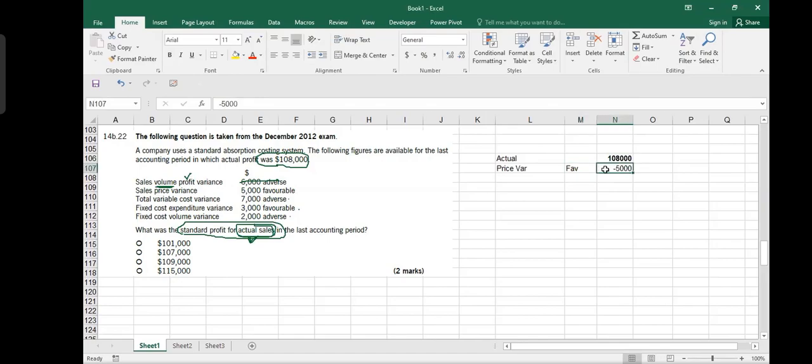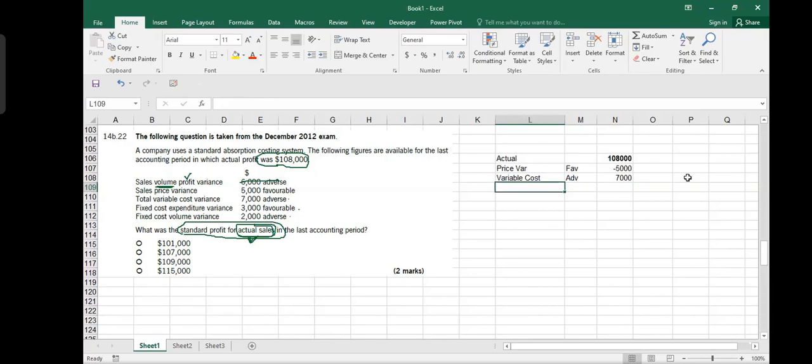So you subtract it. Then you have your next variance, which is the variable cost variance. Variable cost variance is 7,000 and it is adverse, so I will add the 7,000. Favorable I will subtract and adverse I will add.